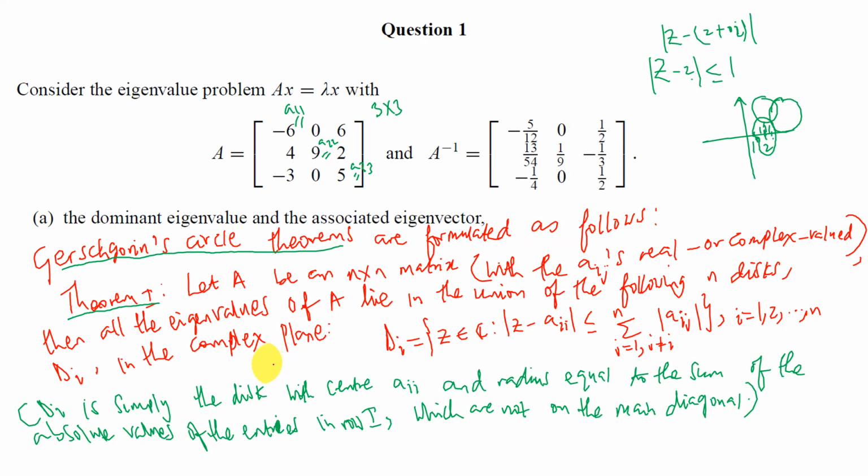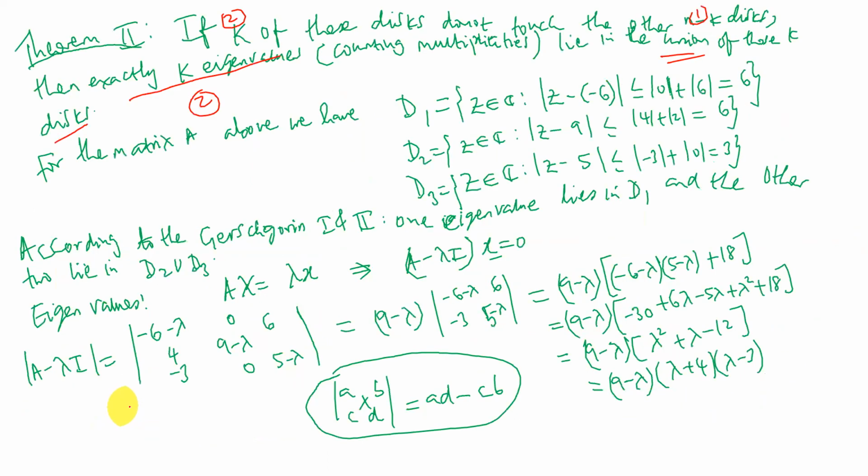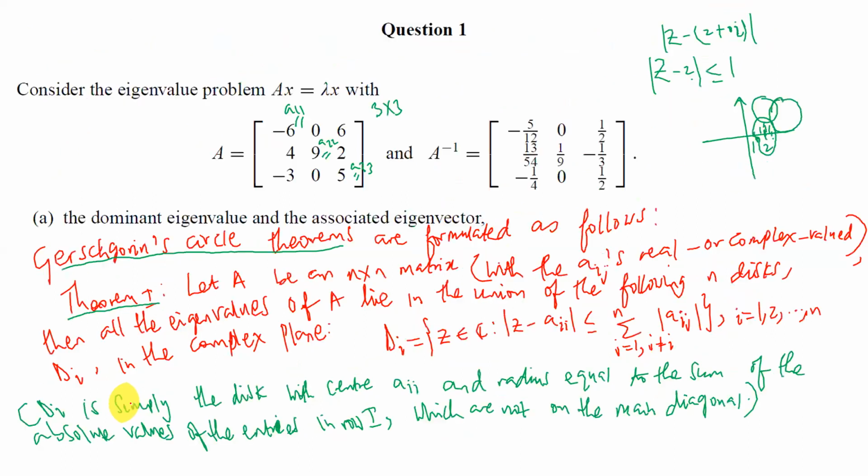I want to mention something very important here. I want to include something else. We need to include the idea of what we call the eigenvectors, because this question says the dominant eigenvalue and the associated eigenvector.